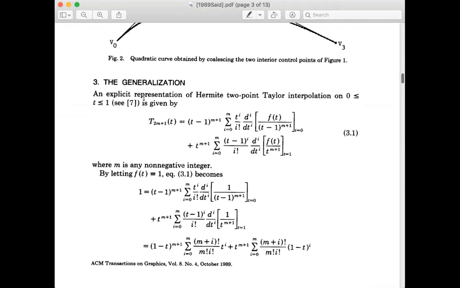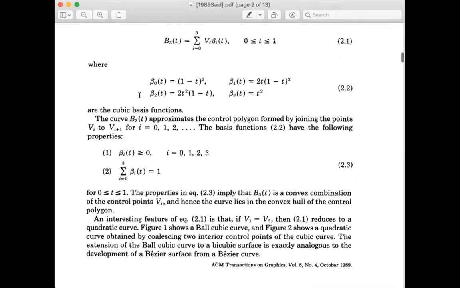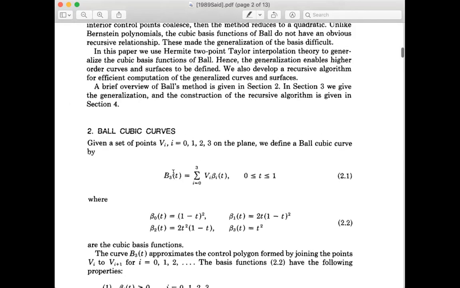Professor Said tried to generalize, because there is only one model for the Ball curve, the cubic Ball curve.